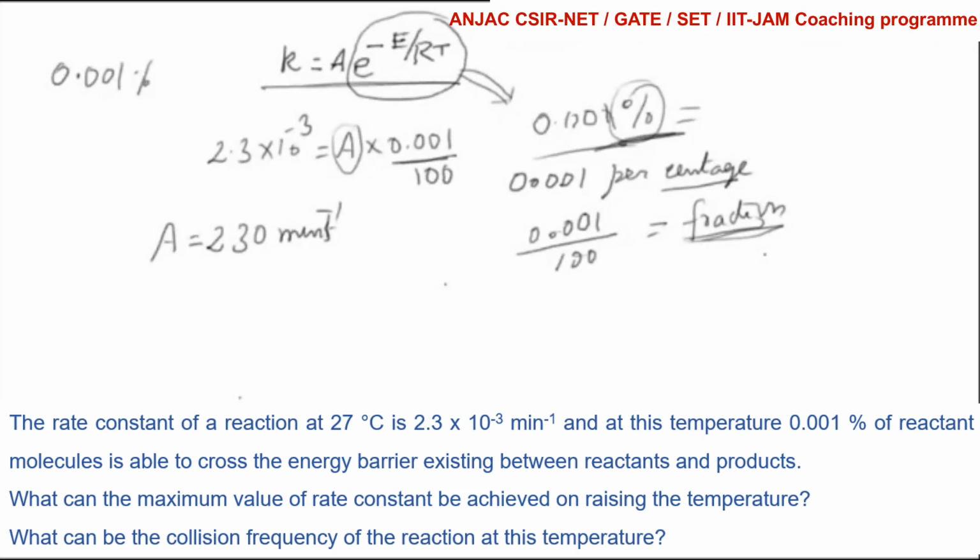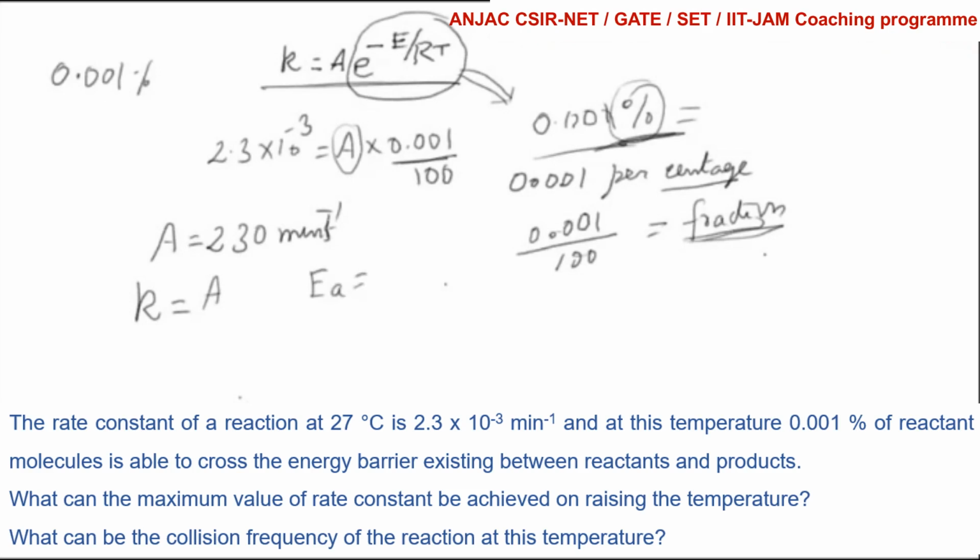What is the maximum value of k that can be obtained? The maximum value of k obtained is equal to A. At the beginning of the lecture, I told you k would be equal to A, but under what two conditions?